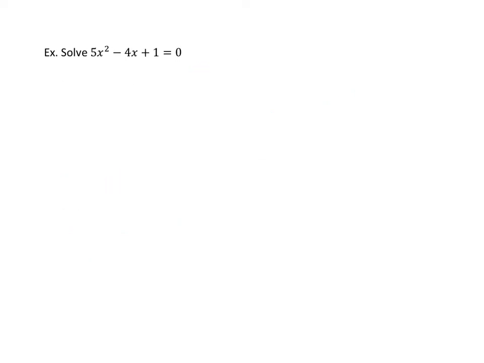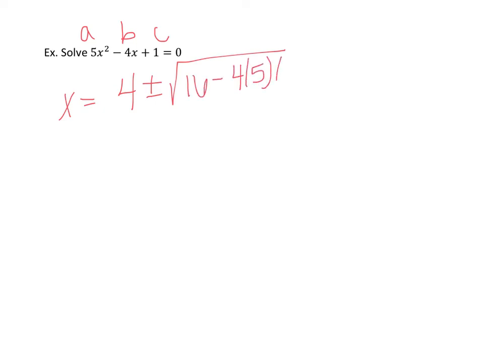We're going to solve one more. This one we're going to have to use our quadratic formula. So x equals negative b. This is a, b, and c. So 4 plus or minus the square root. B squared would be 16 minus 4 times a times c, so times 5 times 1, all over 2a, so 2 times 5.